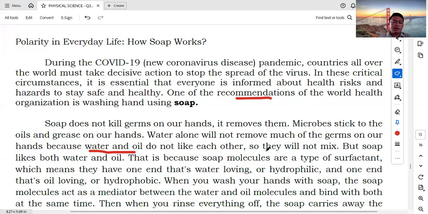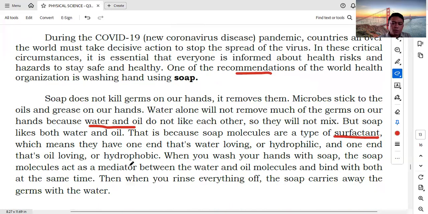But soap likes both water and oil. So why does soap like both water and oil? It is because soap molecules are a type of surfactant, which means they have one end that's water-loving or hydrophilic, and one end that's oil-loving or hydrophobic.